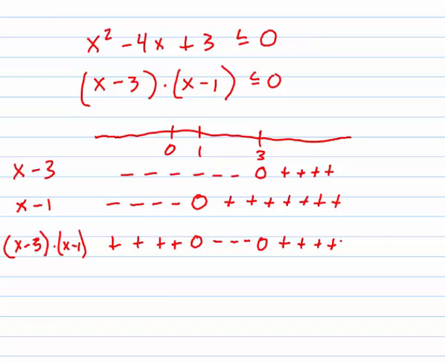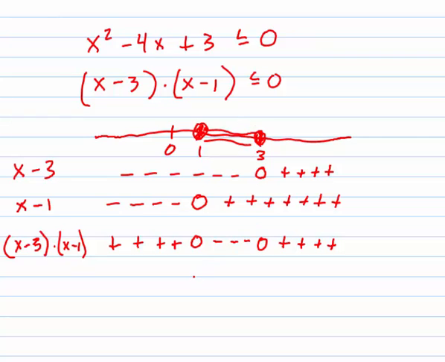We want to know the region where it's less than or equal to 0. So it's right in this region here. So this point included, so we make it a solid point. Okay, solid point. And everywhere in between.